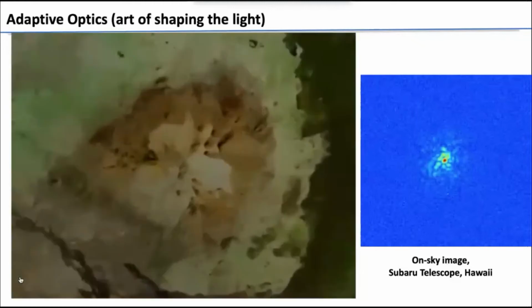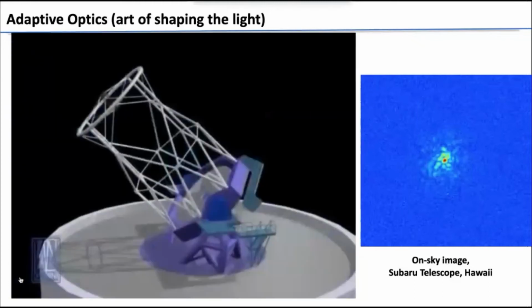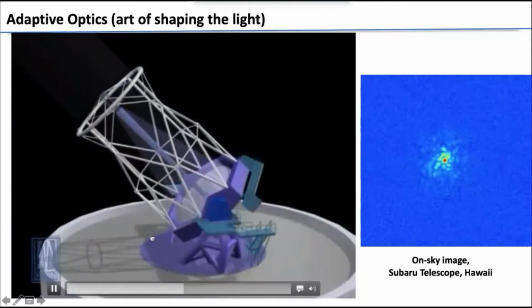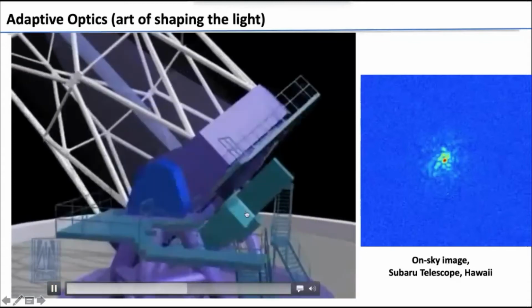So LGS is really this. This is the island of Hawaii, and then you go to the telescope, the Gemini telescope, and the light goes back from the sodium atoms. Okay, let me pause here. So you see how the light goes to the primary mirror, goes up, then is reflected to the secondary mirror, then goes through the hole here, and then you have an AO system.